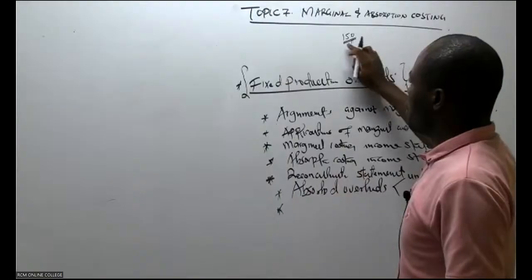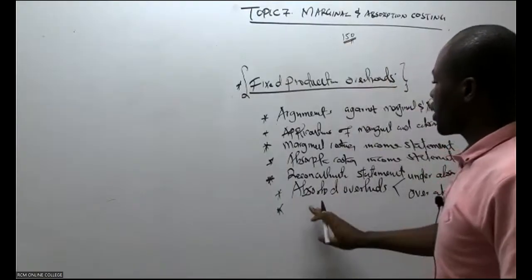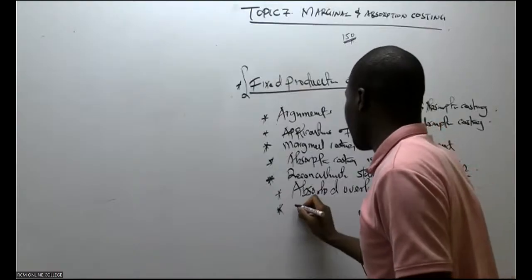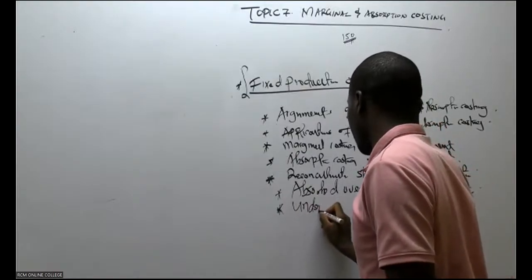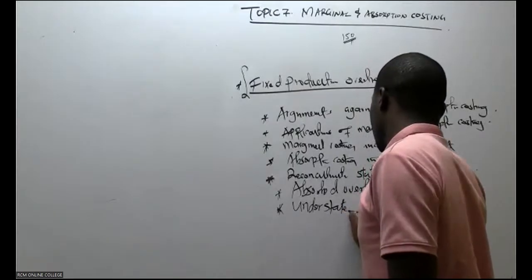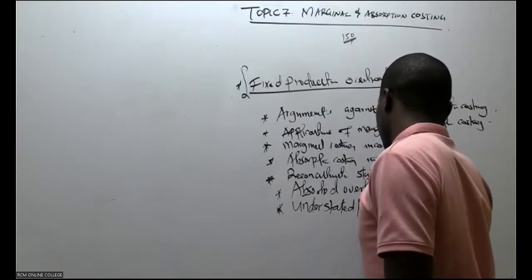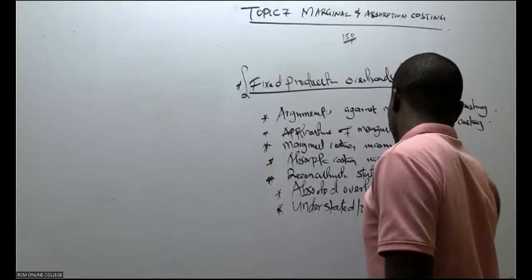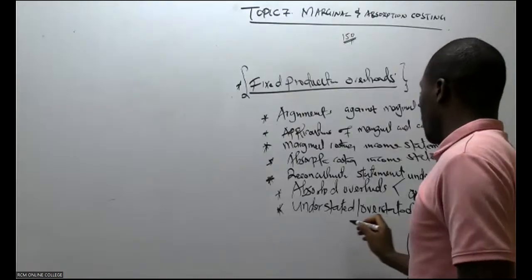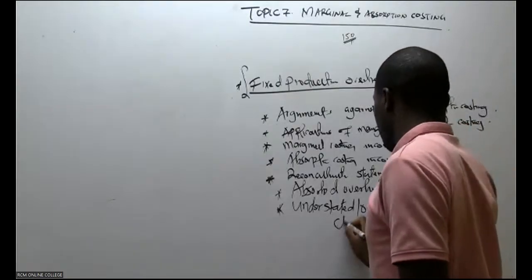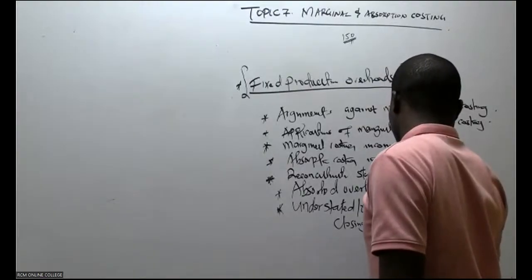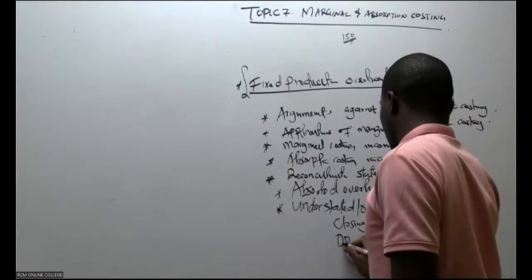And therefore, for the closing inventory, during reconciliation, you are also going to meet these terms of understated or overstated, closing inventory, and then opening inventory.